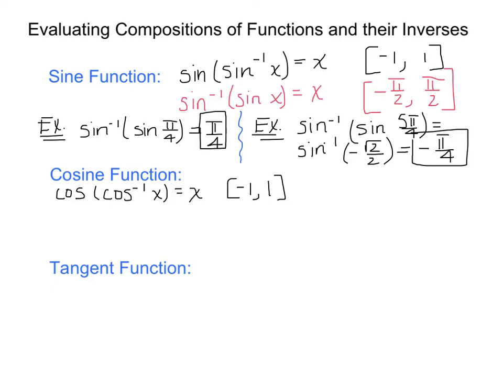And if you're doing the inverse of cosine of an angle, then this one would always be the angle as long as the angle is between 0 and pi.